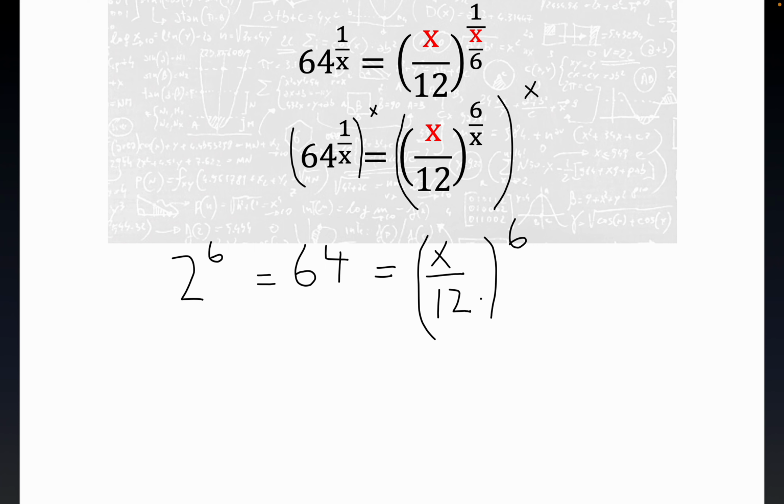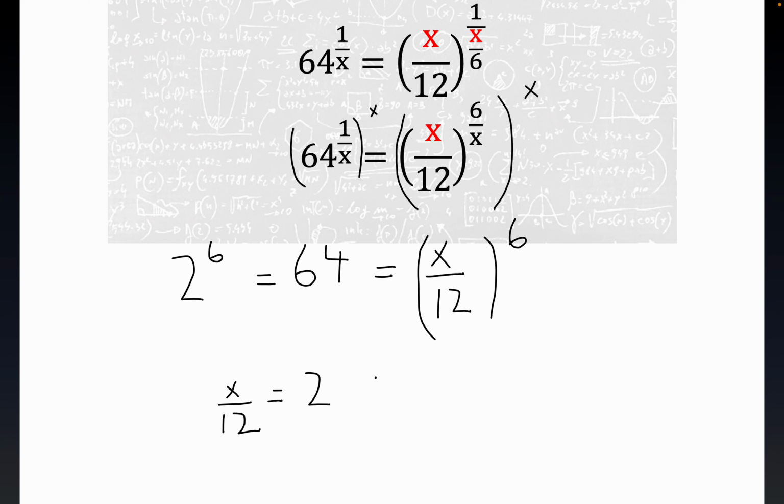So this forces x over 12 to be 2. In other words, this 2 base right here forces x over 12 to be 2. So let's write x over 12 has to equal 2.